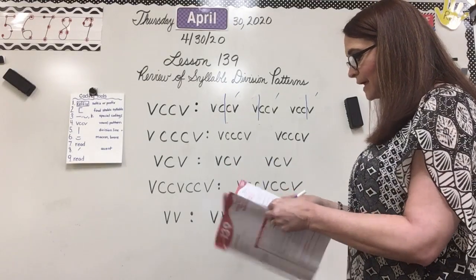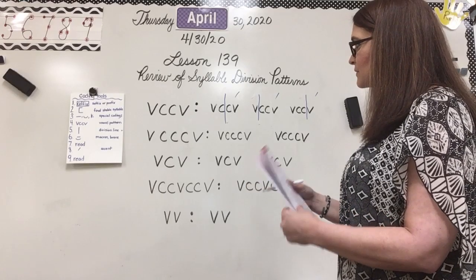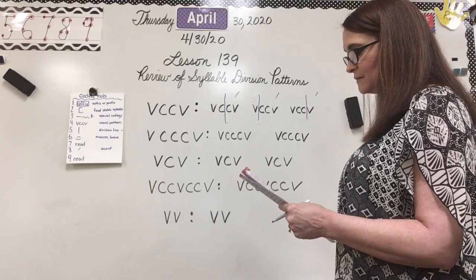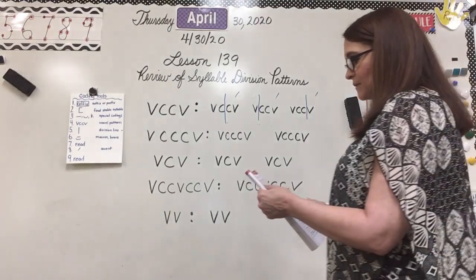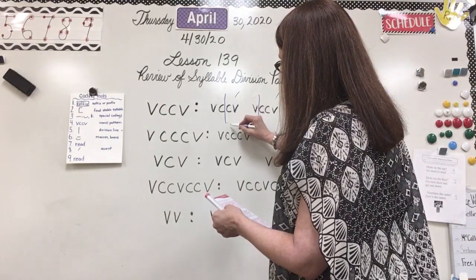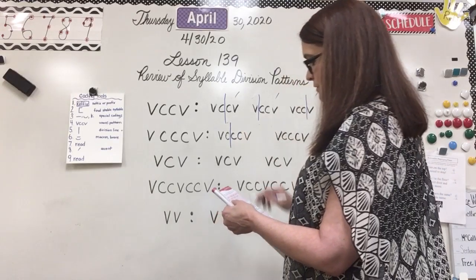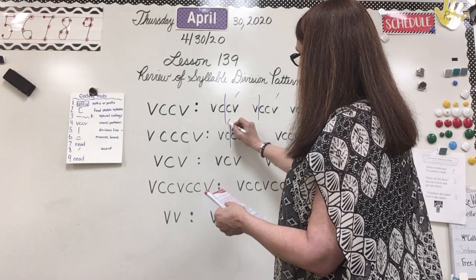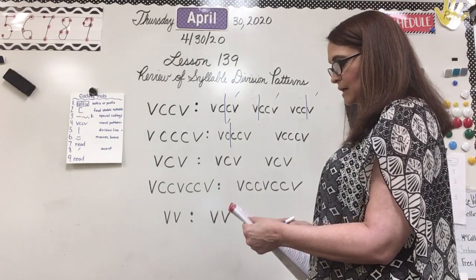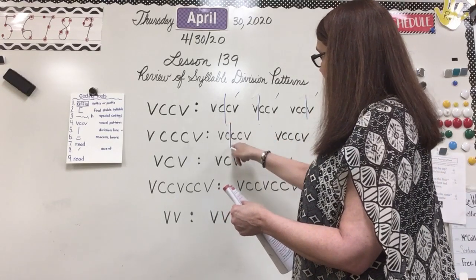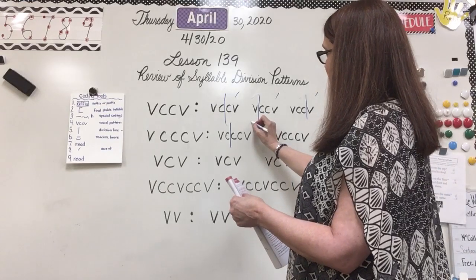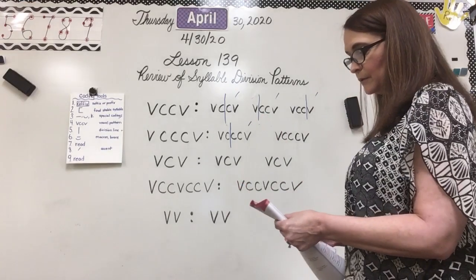Now look at our next example here, the VCCCV pattern. Again, with this vowel pattern, you could code it right here between the first two consonants with your accent on the first syllable, or you could divide it the same way with your accent on the second syllable.